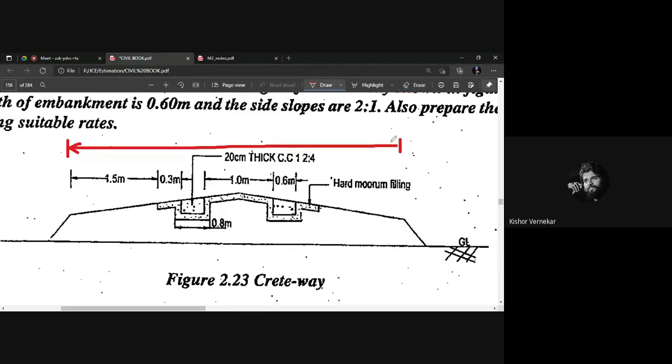4.6, sir. How much? 5.8, sir. 5.8, correct. So how have you got 5.8? Can you tell me? Answer is correct, so tell me the calculation part.